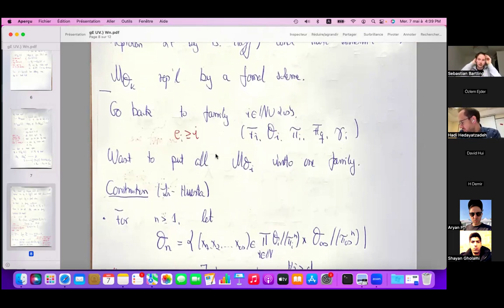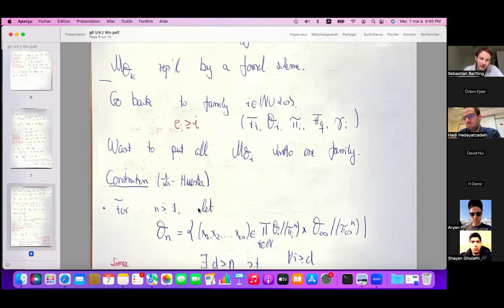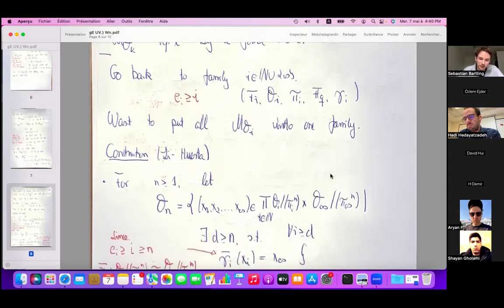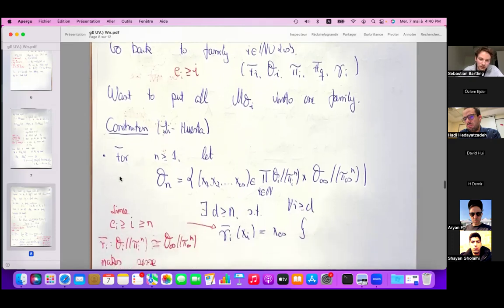The idea is that I have all these moduli problems, and I want to put them together into one family. The base over which this will be done, this ring was already introduced by Lee Hurter.